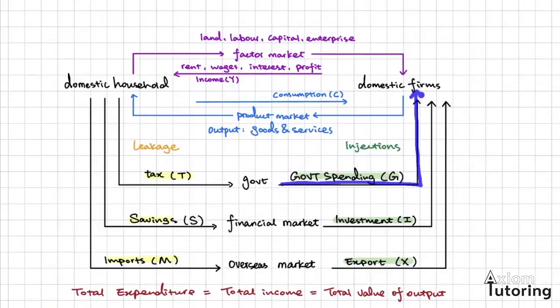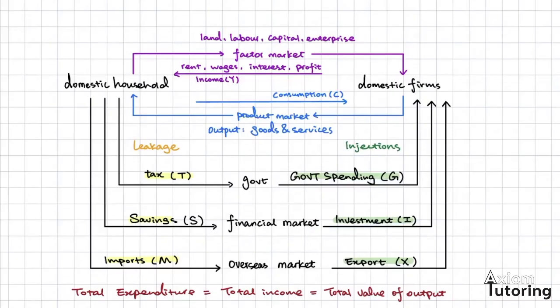And then we have investment. Financial institutions use household savings to provide funding to firms. And firms invest in new machinery, buildings, plants, and technology, increasing spending within the domestic economy. And finally, we have exports.